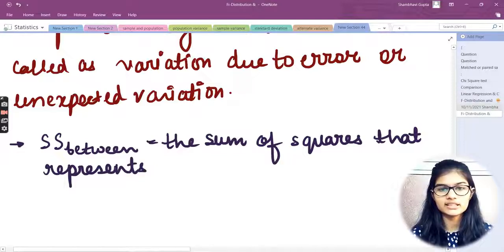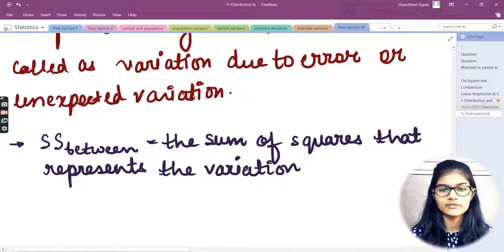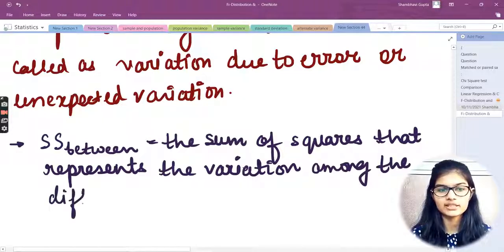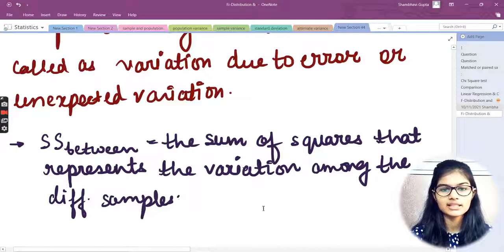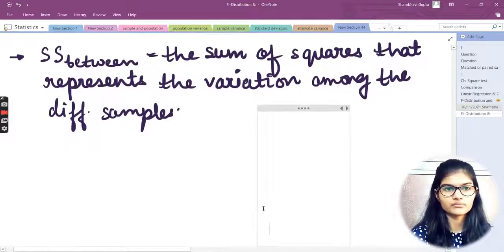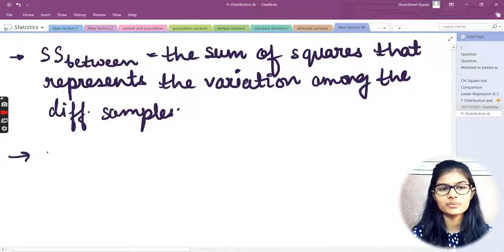SS between is basically the sum of the squares that represents the variation among the different samples. So this is about SS between, the sum of the squares that represents the variation among the different samples, right? Now, this was between, and next we had one more, that was SS within, right?